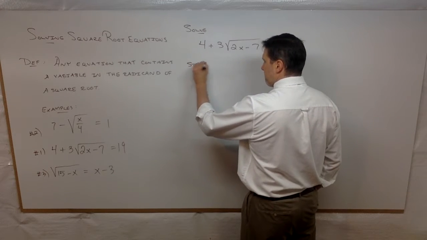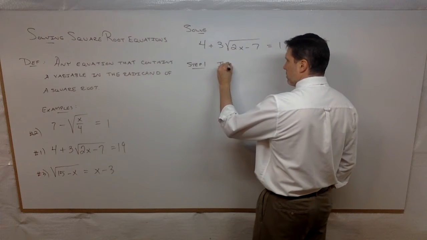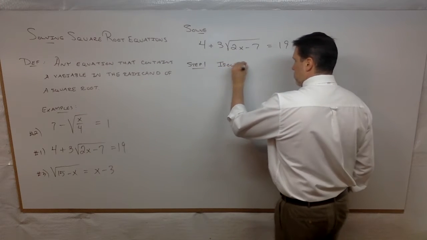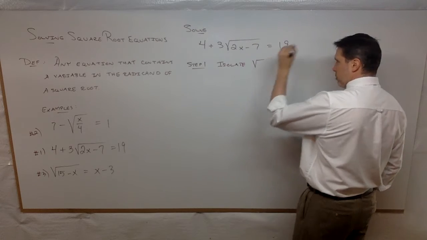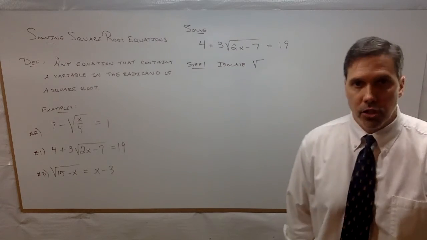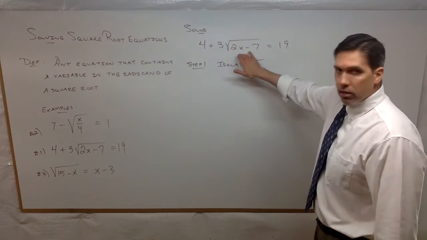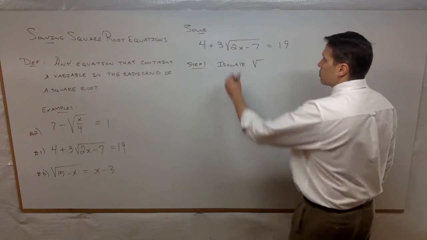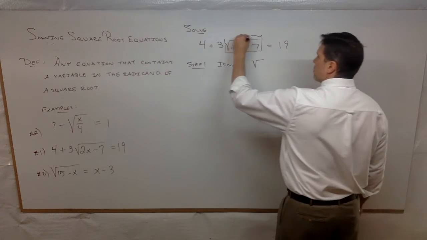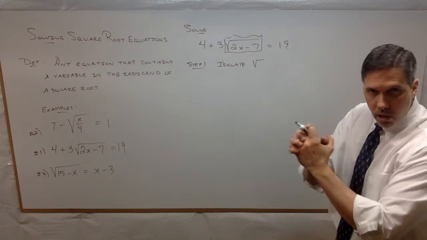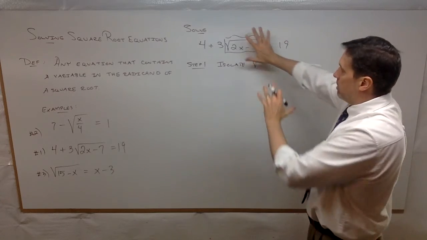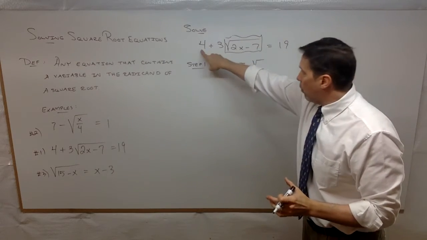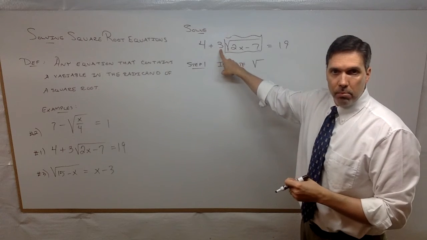Step 1, you must isolate the square root. So in this particular problem, we've got to get this square root of 2x minus 7. Just think of this as one complete item. We've got to get rid of this 4, and we've got to get rid of this 3 being multiplied.